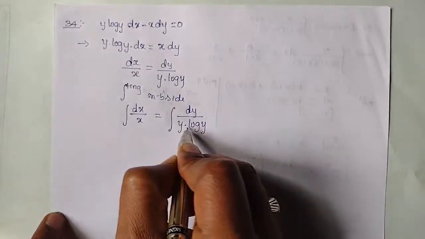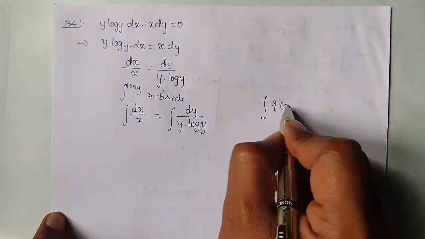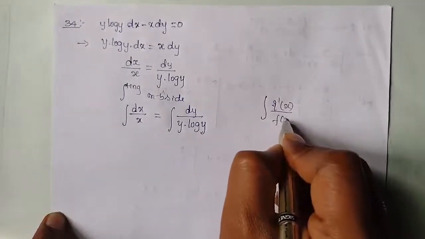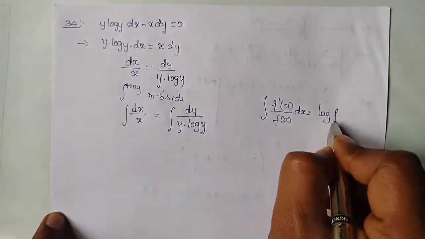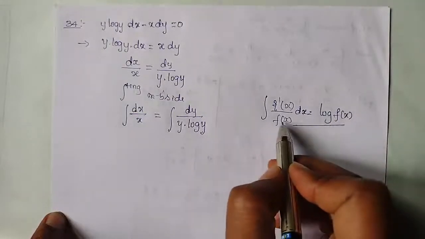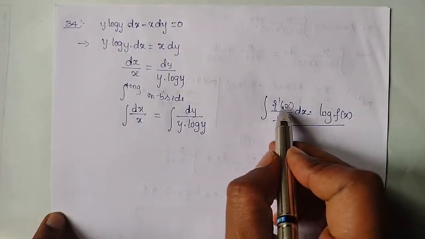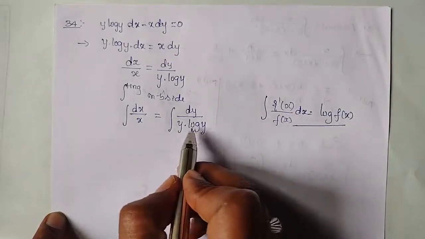The right hand side integration is in the form of integration of f dash of x divided by f of x dx is equal to log of f of x. Because if you differentiate log y, we get 1 by y.